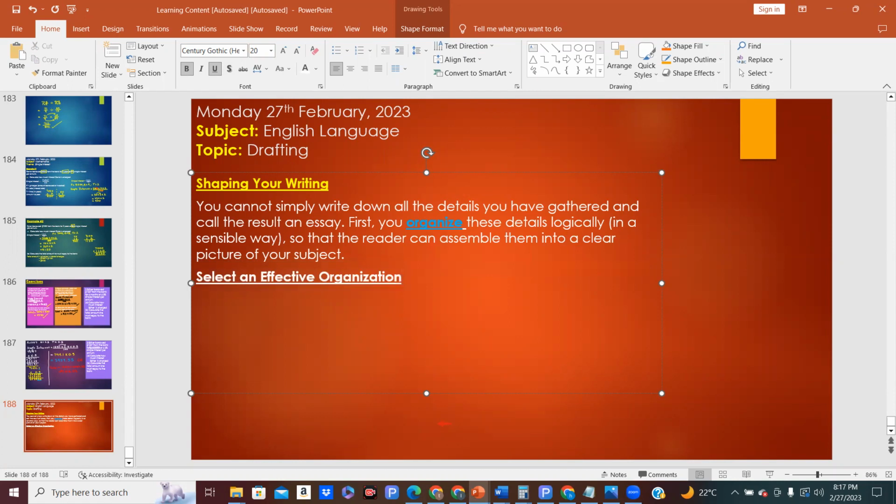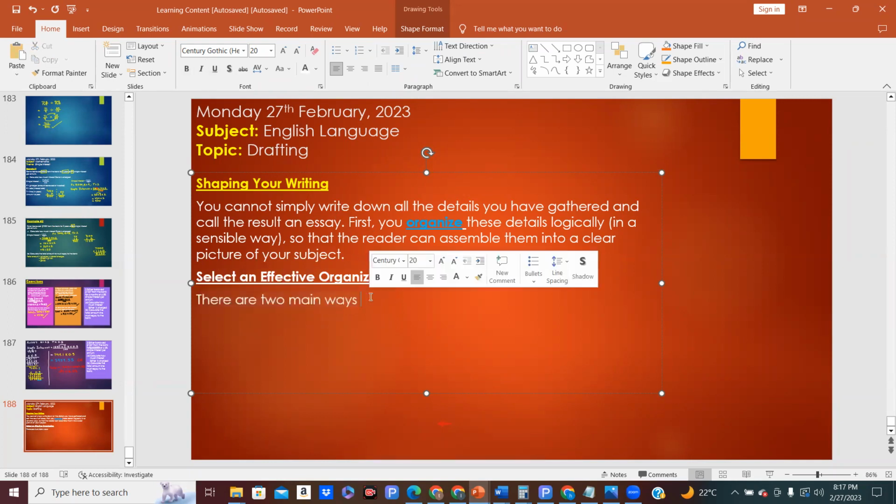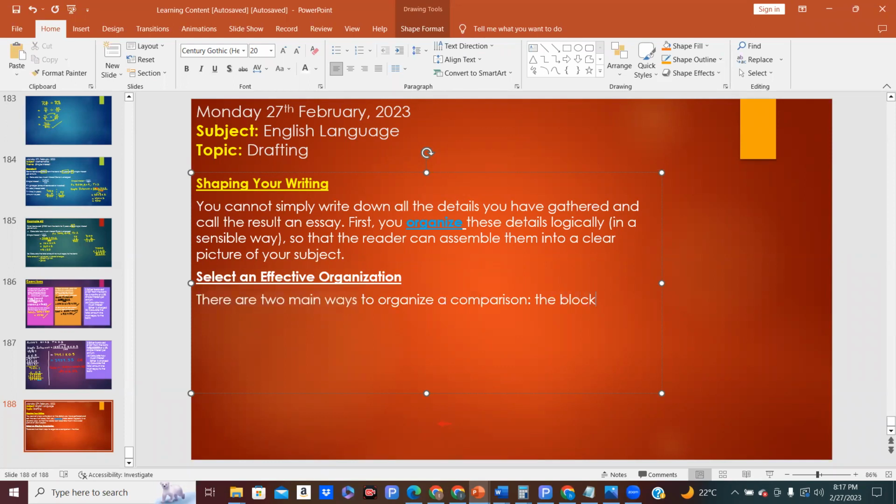So there are two main ways to organize a comparison: the block method and the point by point method. So let's begin with the block method.